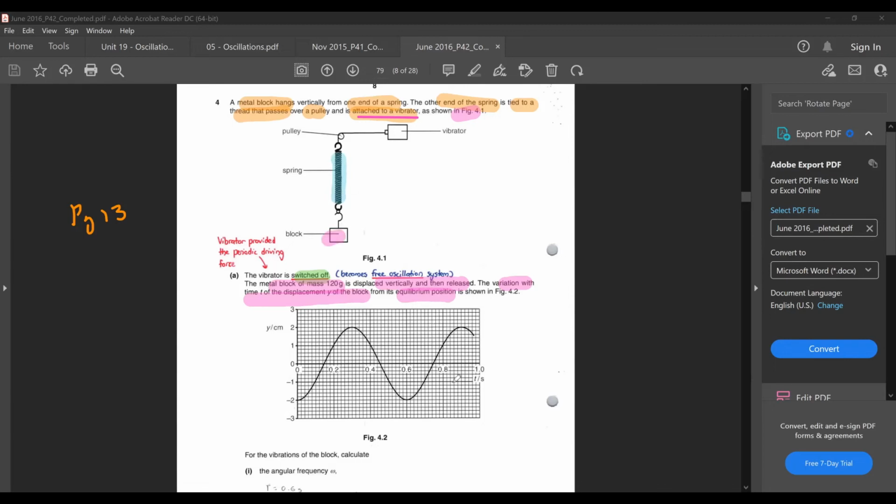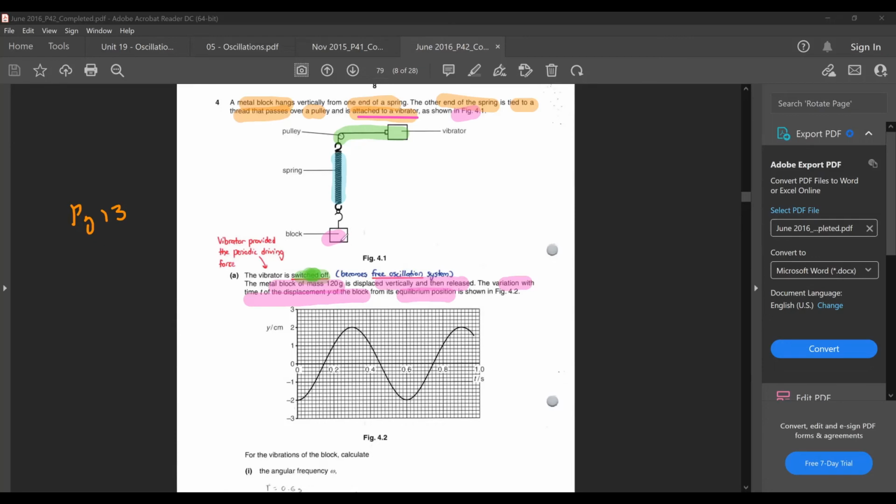This is your block attached to the spring at one end, and the other end of the spring is attached to an oscillator or vibrator. But here they specifically told you your vibrator is switched off. And then what they did was merely displace the block of a certain mass before releasing it.